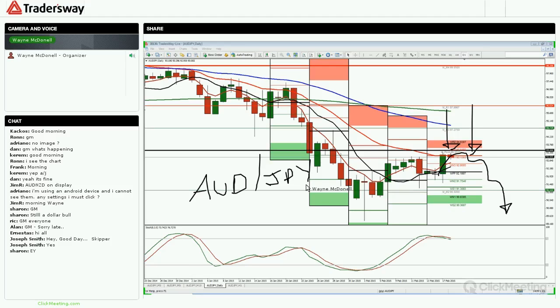Anything else? Come on, guys. Euro Aussie. No. You're not getting it. Well, I'm bearish on both Euro and Aussie, so that's a bad one. Euro yen. No, you're not getting it. The answer I'm looking for is sell Aussie dollar.